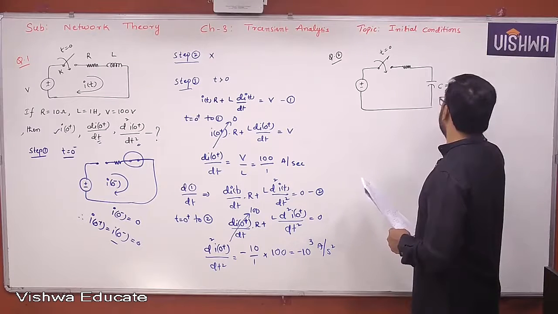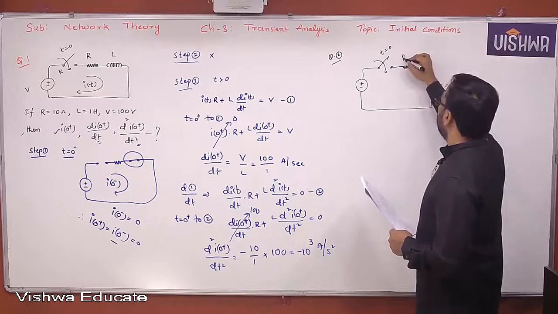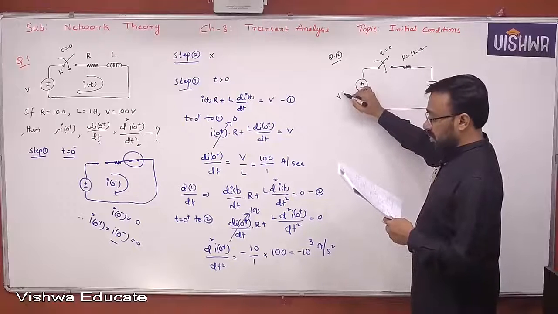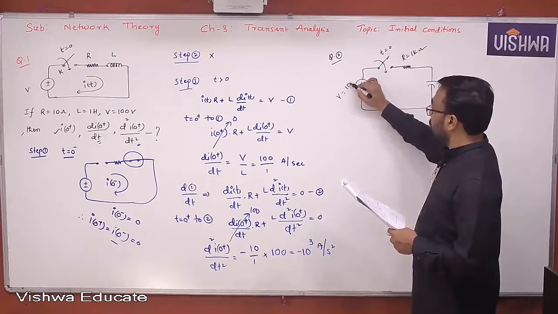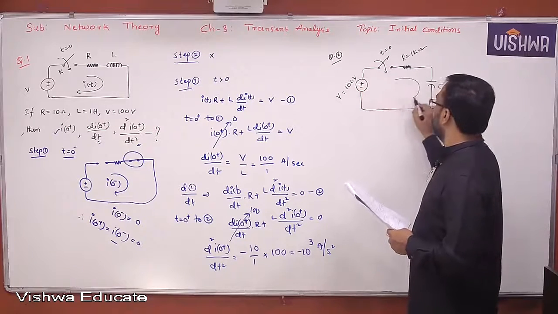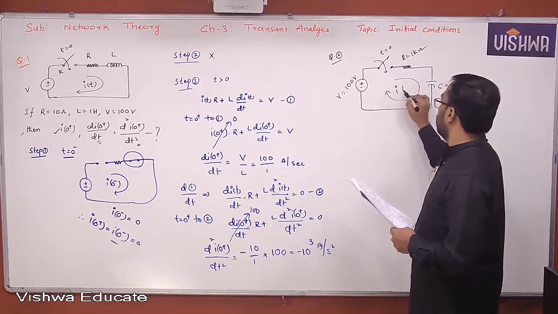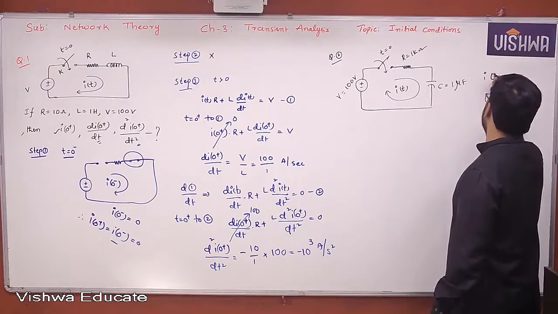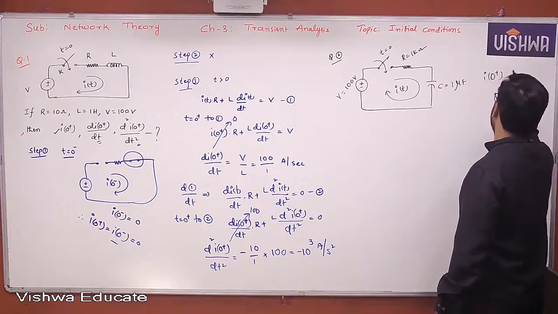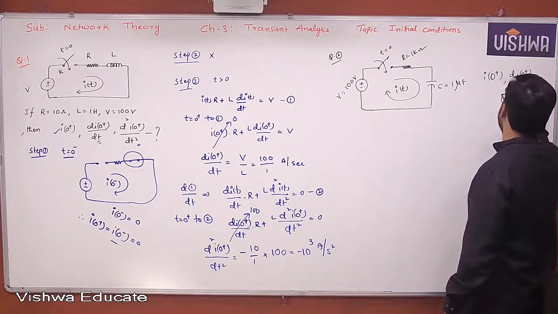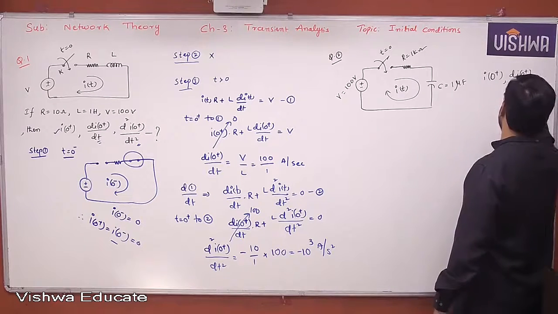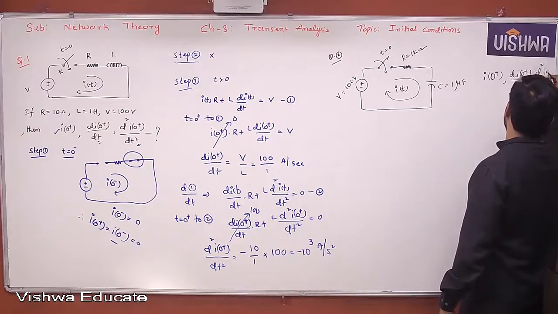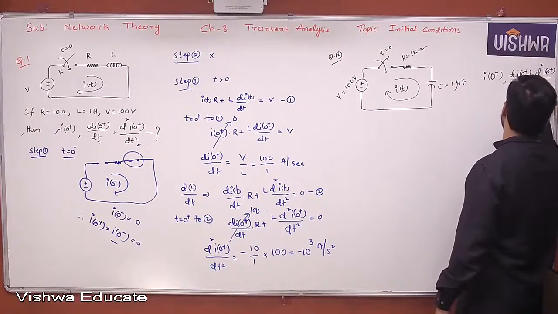C is equal to 1 microfarad. R is equal to 1 kilo ohm. Voltage V is equal to 100 volts. This is I of t. We are expected to determine I of 0 plus, dI of 0 plus by dt, and d square I of 0 plus by dt square.